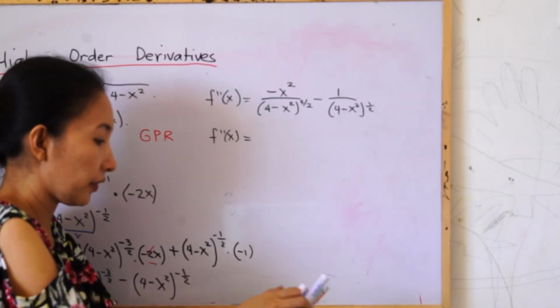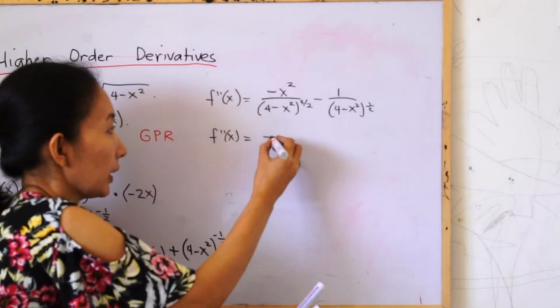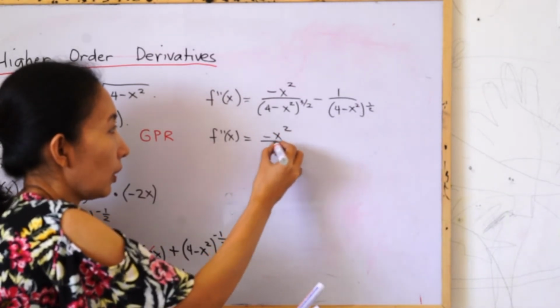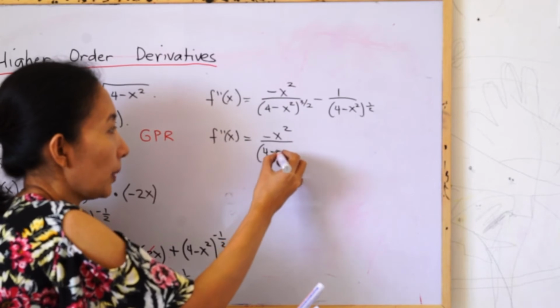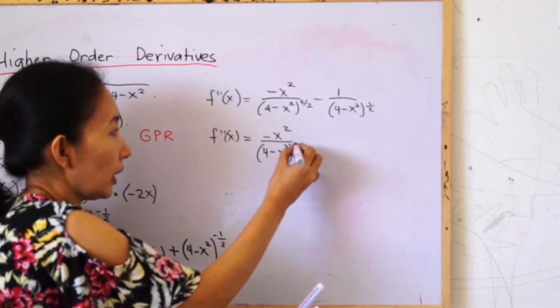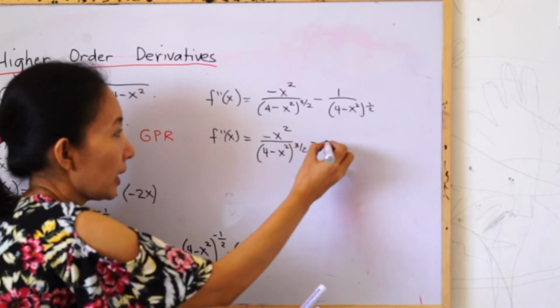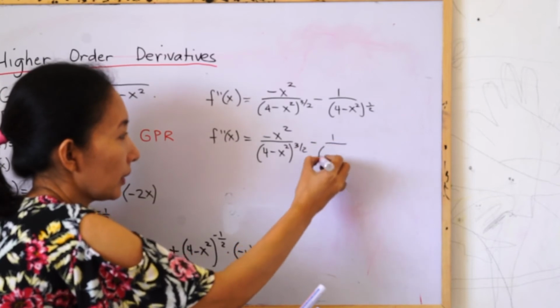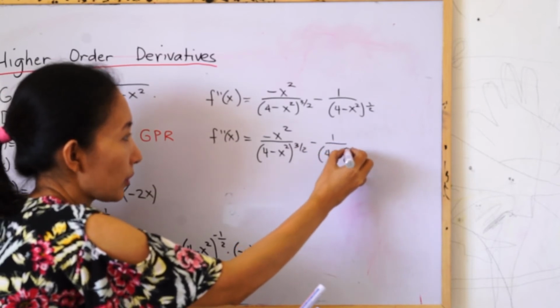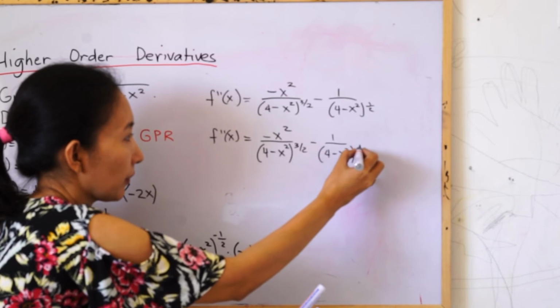Let me copy the first fraction: negative x squared over 4 minus x squared raised to 3/2, minus 1 over the quantity 4 minus x squared raised to 1/2.